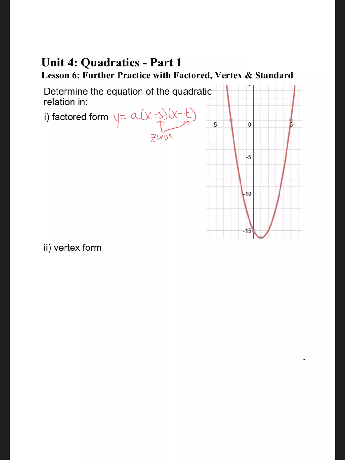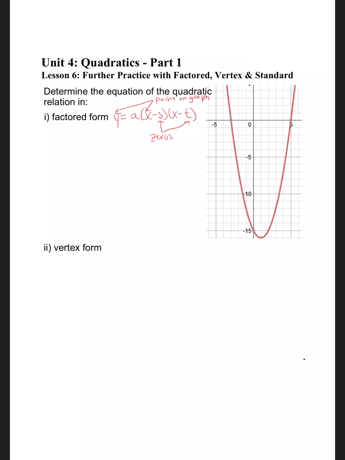And then we haven't really talked too much about how we figure out what a is by looking at the graph. So that's something that we're going to have to solve for algebraically. But we also know that we could pull some point from the graph and plug that in for x and y. So those are the things we should identify by looking at our graph and then use algebra to figure out what a is.